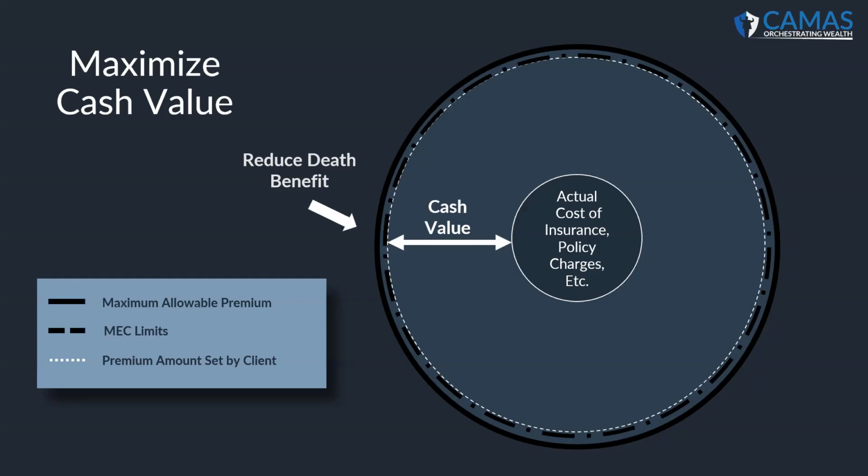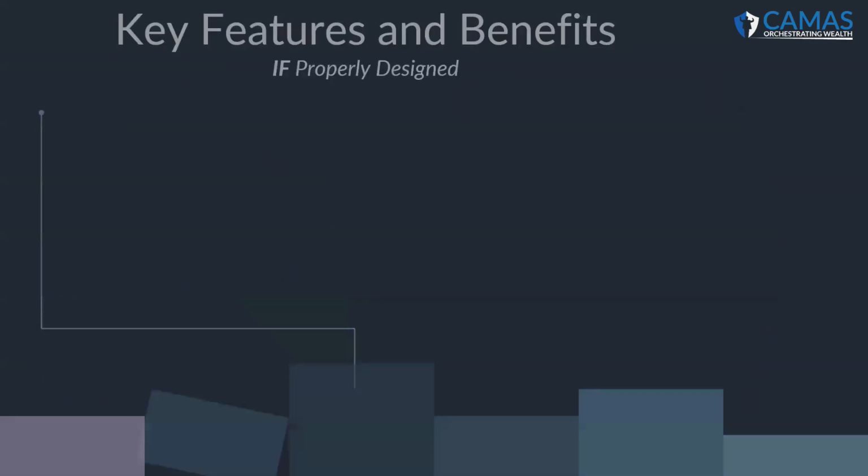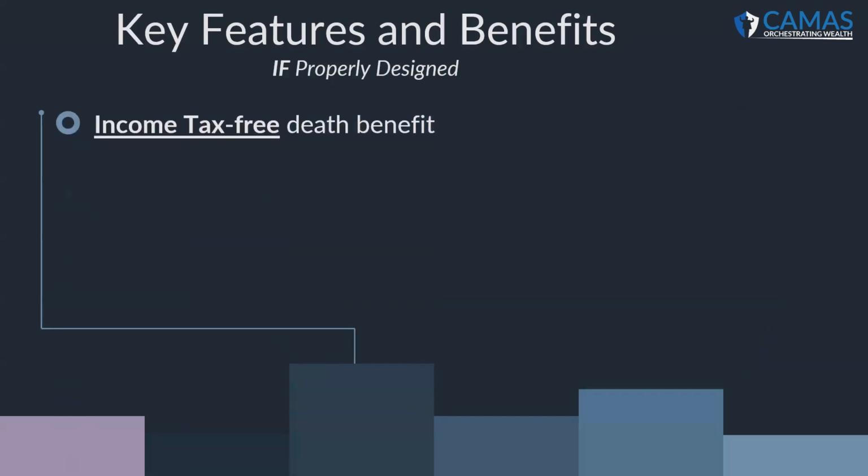Well, that gets us into starting the design of our policy. So death benefit, cash value, making sure we account for the cost. But now when we start looking at this, we want to make sure our clients understand the other benefits of life insurance. Well, number one, it's an income tax-free death benefit.